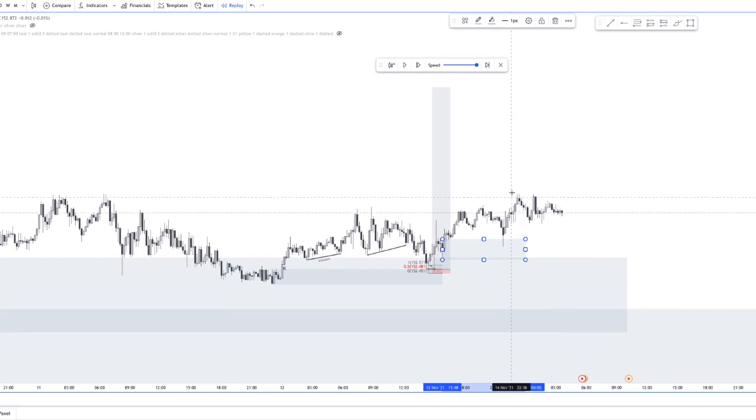But this level doesn't break this whole high, so pay attention to this information. This level will probably be used as inducement, because this higher low failed to create a new higher high, so they are probably going to use this level as liquidity and for a continuation. Let's see.